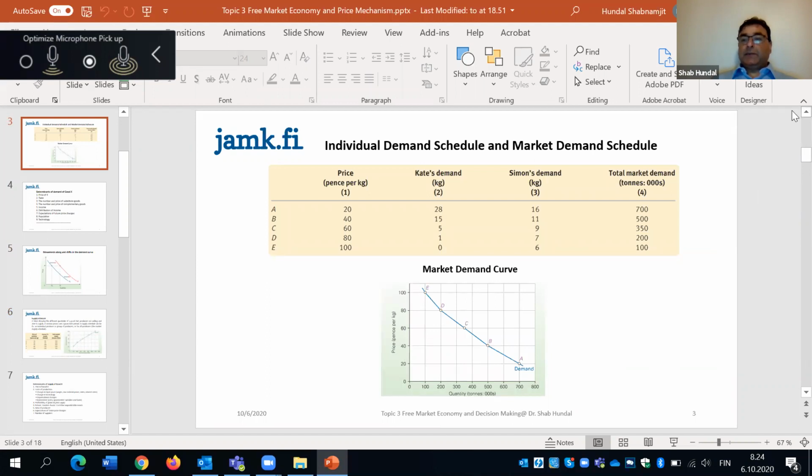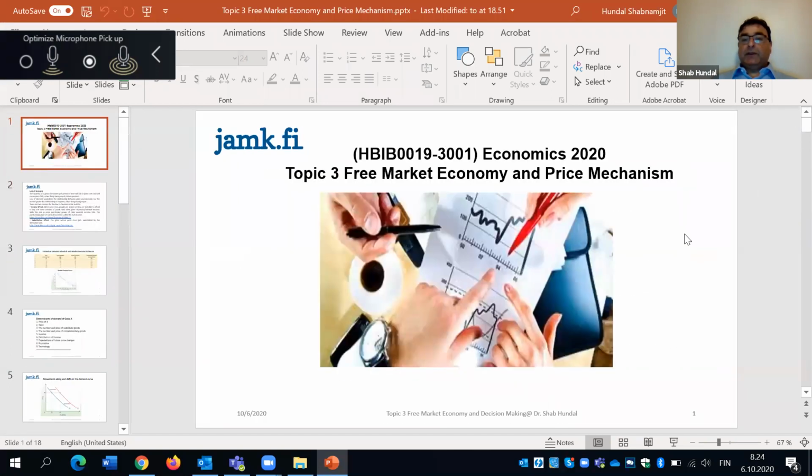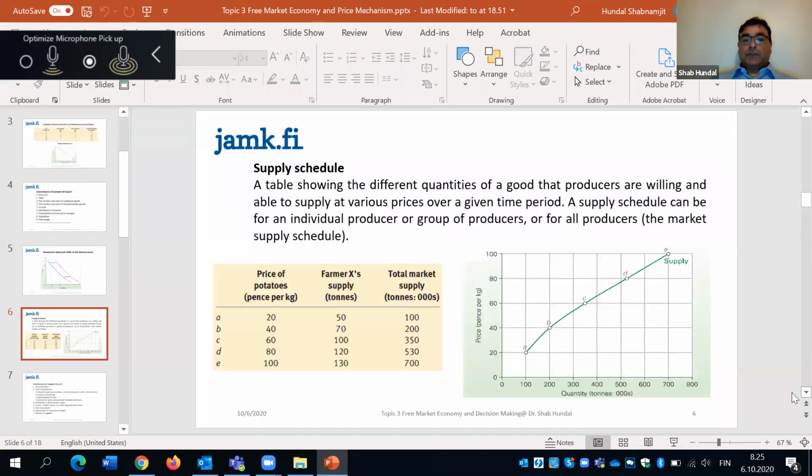On the other hand, the supplier would be willing to supply less when the price is less. So price is the one determinant which brings buyer and seller together. Okay, so this is how the supply works.